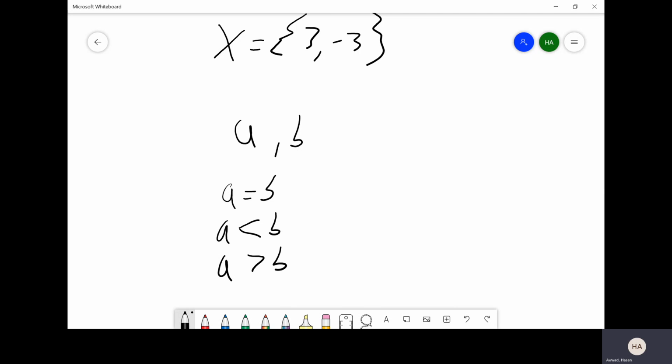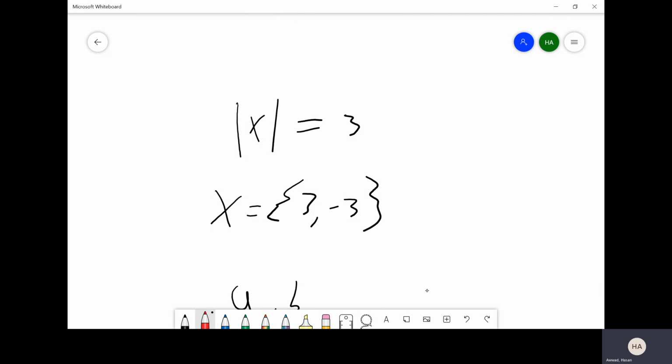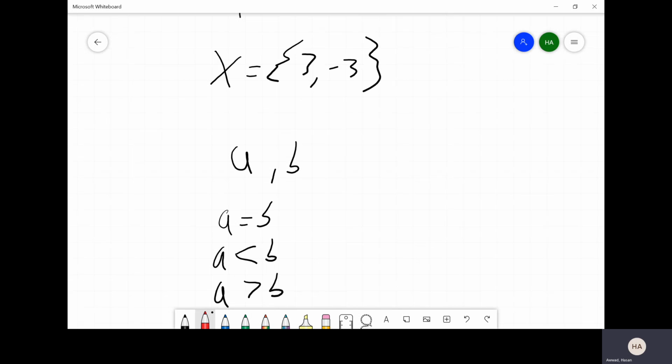Going back here, we just showed that the absolute value of x equals 3. There are two solutions, so if this is your B and this is your A, then 3 and -3 would fill in for this one, if you plugged in 3 or -3 for x. But what about any other number? What happens if we plugged in -4 or 4 or -5 or 5 and so on?